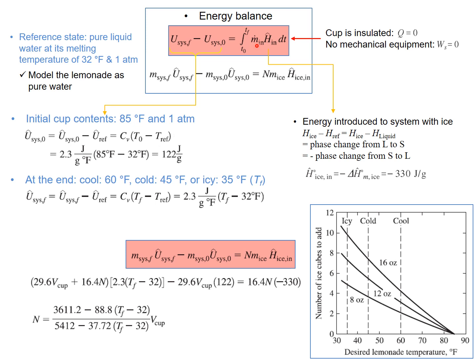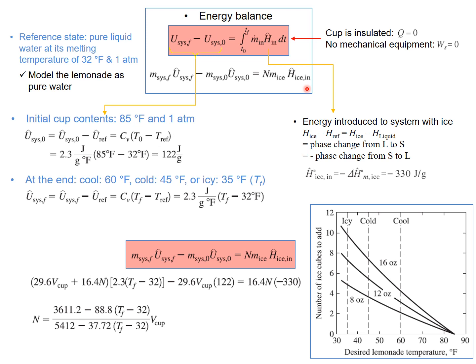And then this equation is going like that: specific energy with mass flow rate, and also this M in, input mass, can be described by the number of ice cubes with the mass of each ice cube. Then this is the specific enthalpy of ice in.